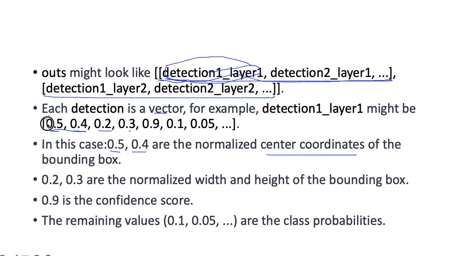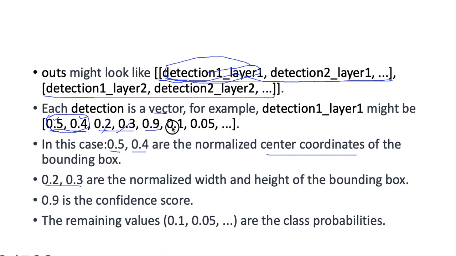It's not returning the left corner or right corner, but the center point of the bounding box. Then 0.2 and 0.3 are the width and height of the bounding box.